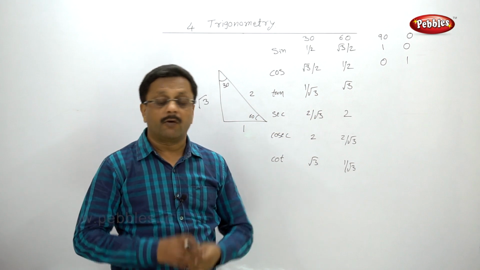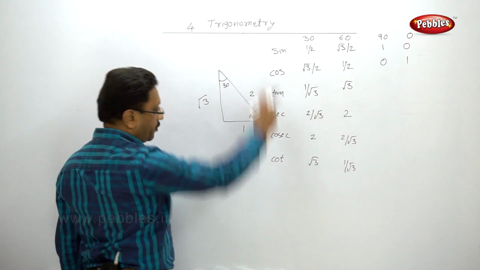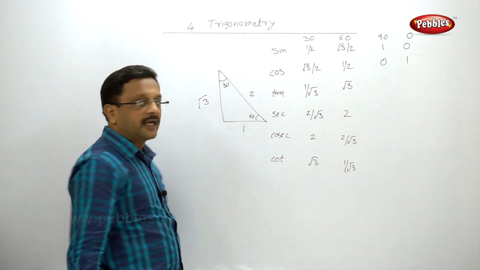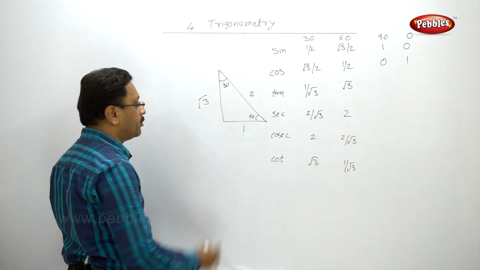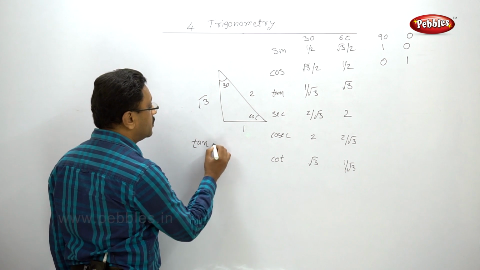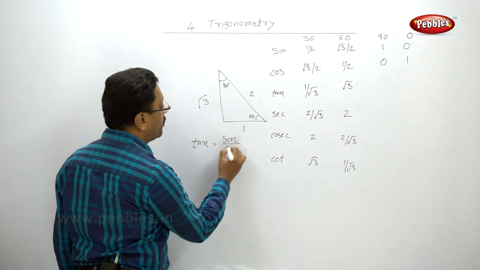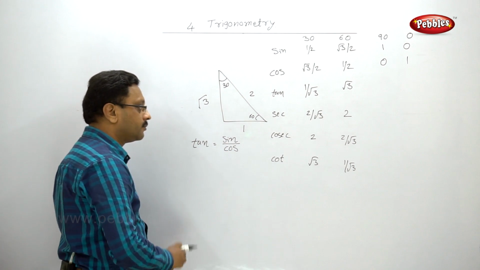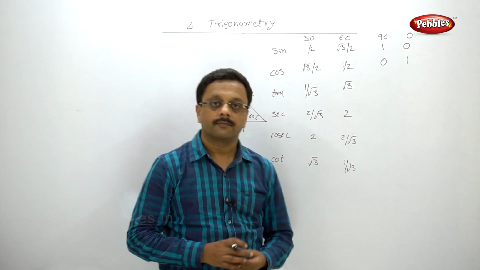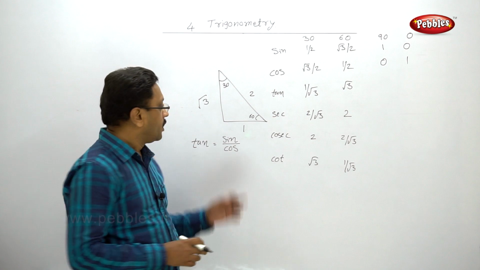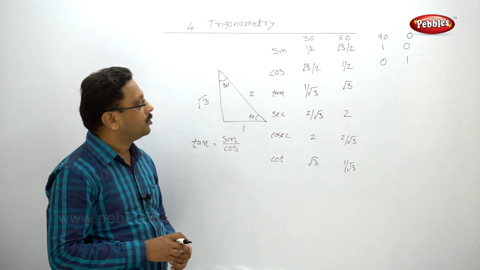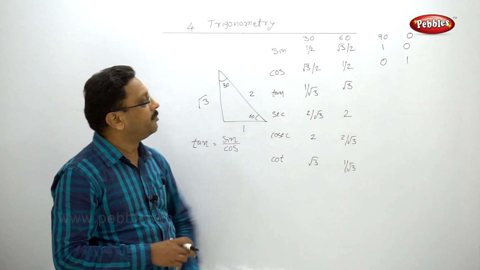Opposite. Now what is tan? Now from here we have seen the sine and cos. One more identity we have to see, that is tan is equal to sine upon cos. Okay? Tan is equal to sine upon cos. So what will tan 90 be?